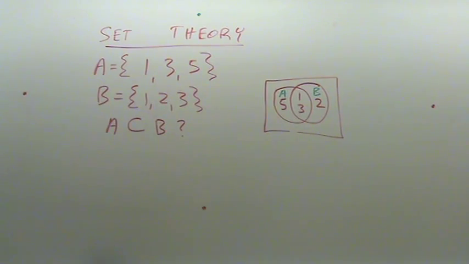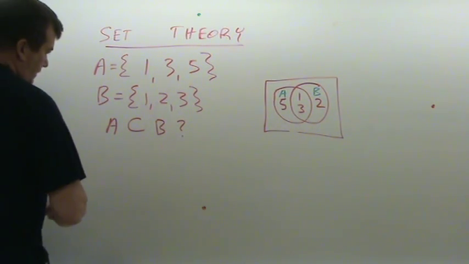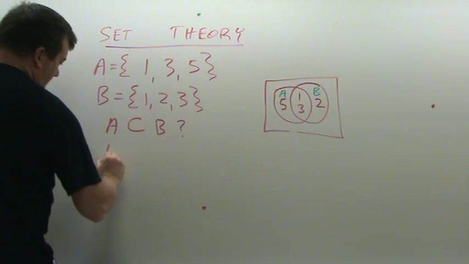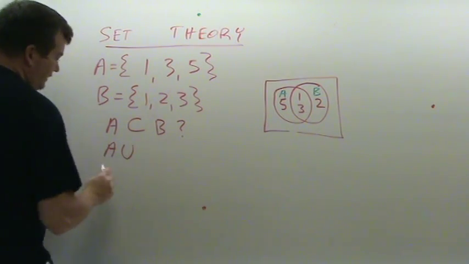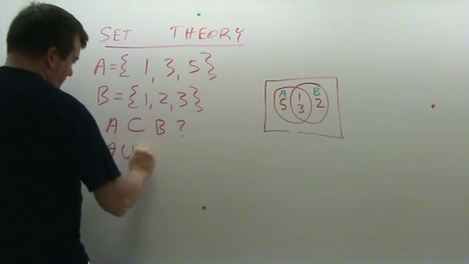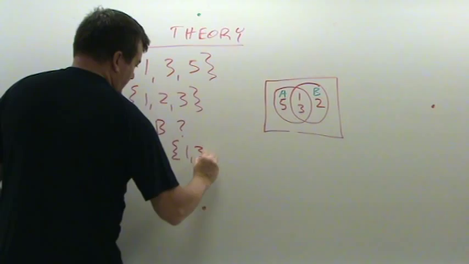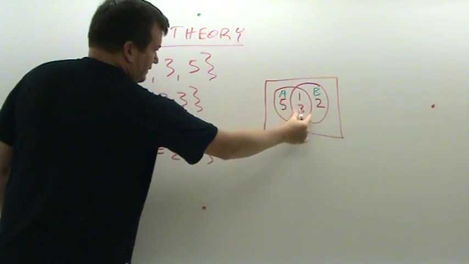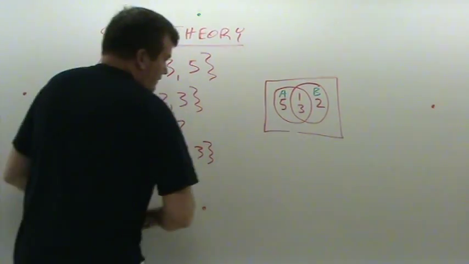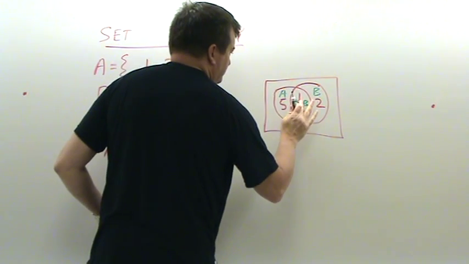So, for example, as other operators we could use, we could say this. A, the intersection, so this is going to mean the union of those two, of A and B, equals the set 1 and 3, equals this set. This area is the, maybe we should even write that in. This is A union B. No, sorry, intersection.